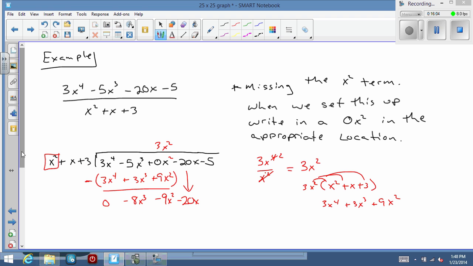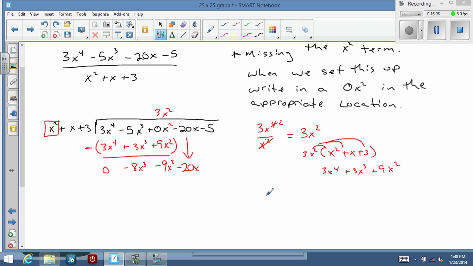So now, how many times does x squared go into negative 8x cubed? So let's take negative 8x cubed divided by x squared. You can cancel out 2 of the x's from the top and you get negative 8x. So that negative 8x is going to go right up here as minus 8x.